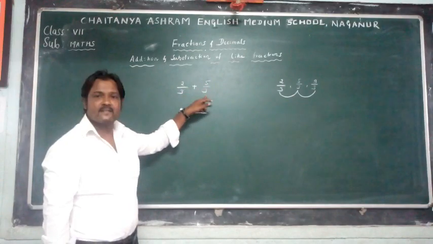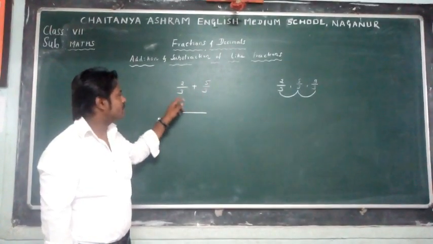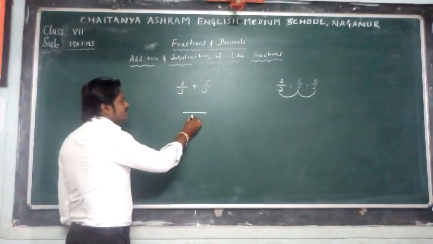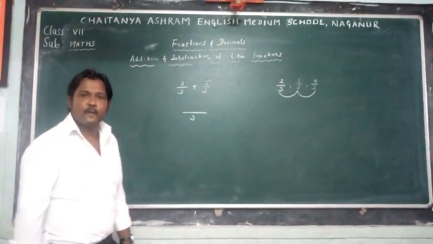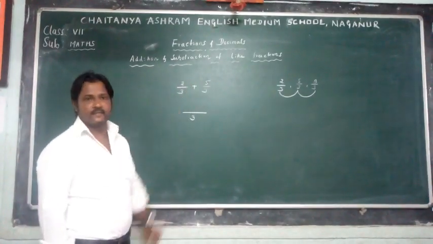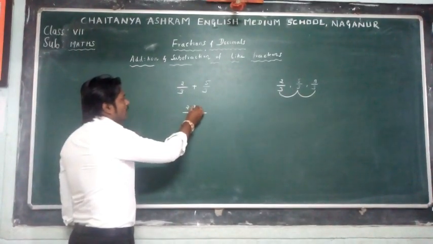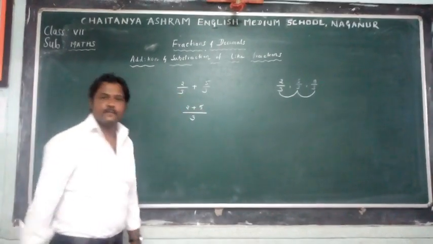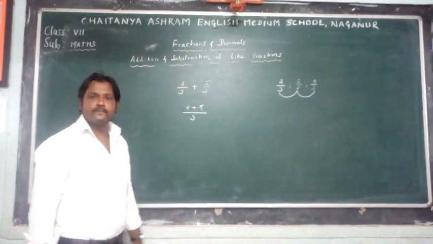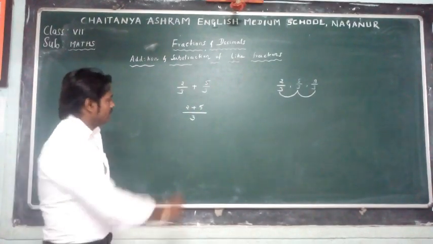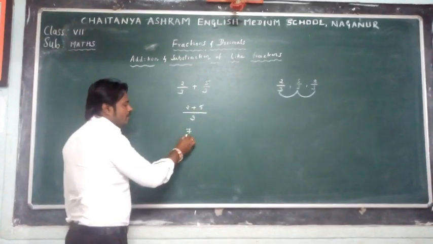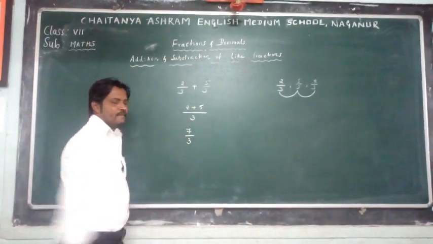Both the given fractions are like, means they have same denominator. Write the denominator as it is in the denominator place, and then add the numerators, that is 2 plus 5. What is the sum of 2 and 5? Yes, very good. That is 7. 2 plus 5 is 7 divided by 3.